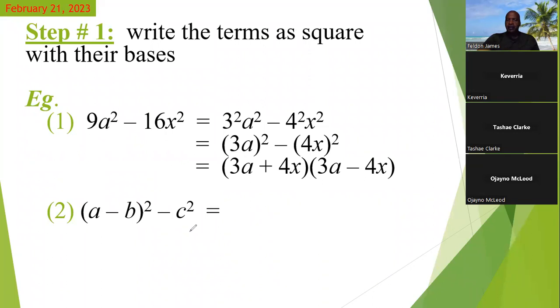And so if we are going to use the formula, what would we do here? What did I say I must do first? Ms. Clark, what are we supposed to do?